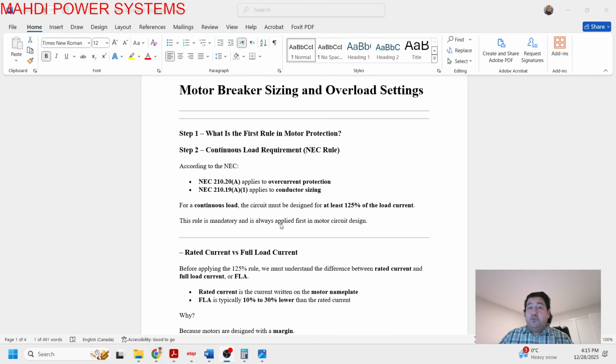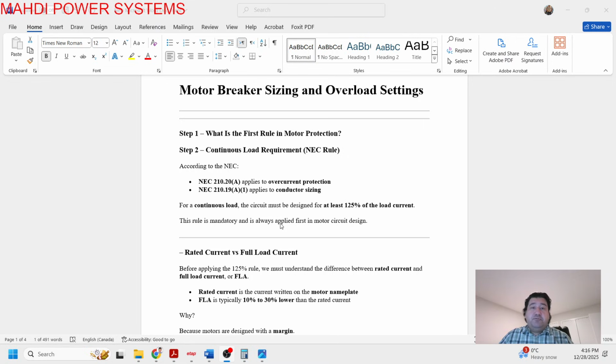If the motor is properly sized, the rating of the motor is bigger than the rating of the pump or fan. He considers 10% to 30%, sometimes 40% as margin.